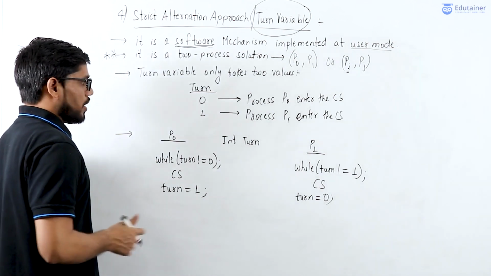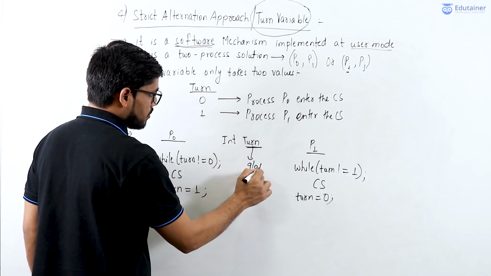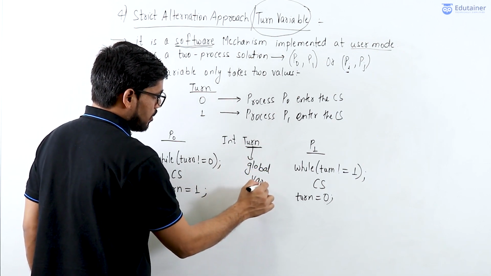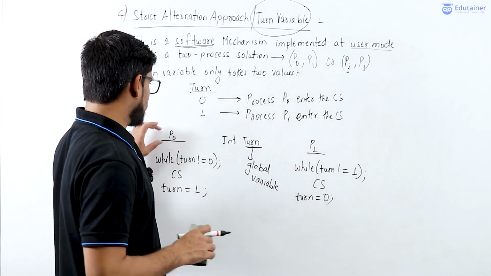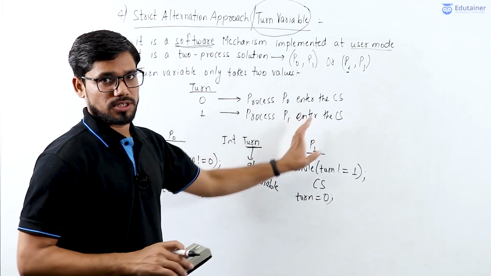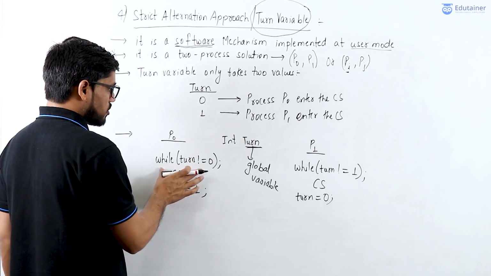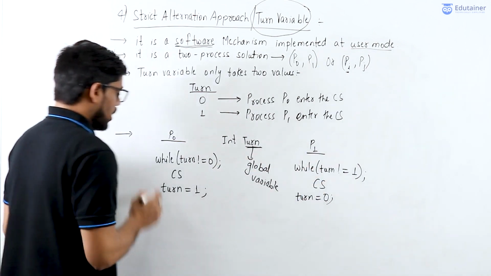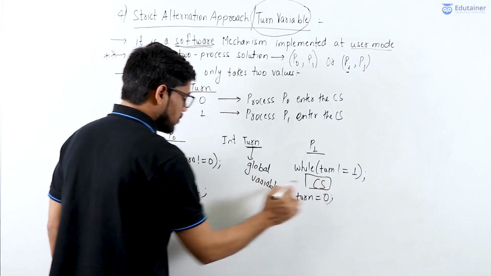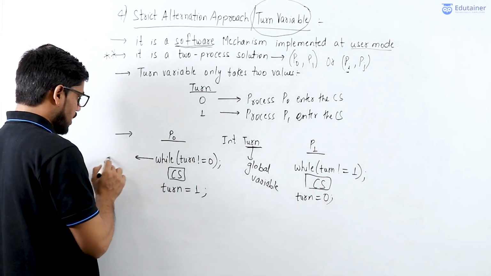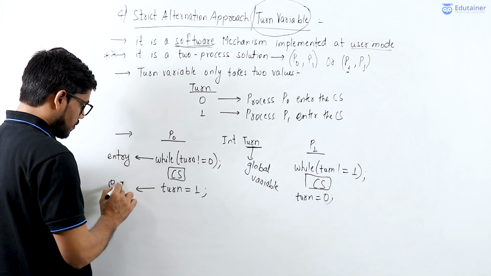Okay, now here turn variable is a global variable, so it is very important. Turn variable is a global variable, means turn variable can be used by both processes, process P0 and process P1, and the particular code which is implemented in process P0 and process P1 is different. In P1, this is critical section. Okay, here it is also critical section, and this line is the entry section, and this line is the exit section.